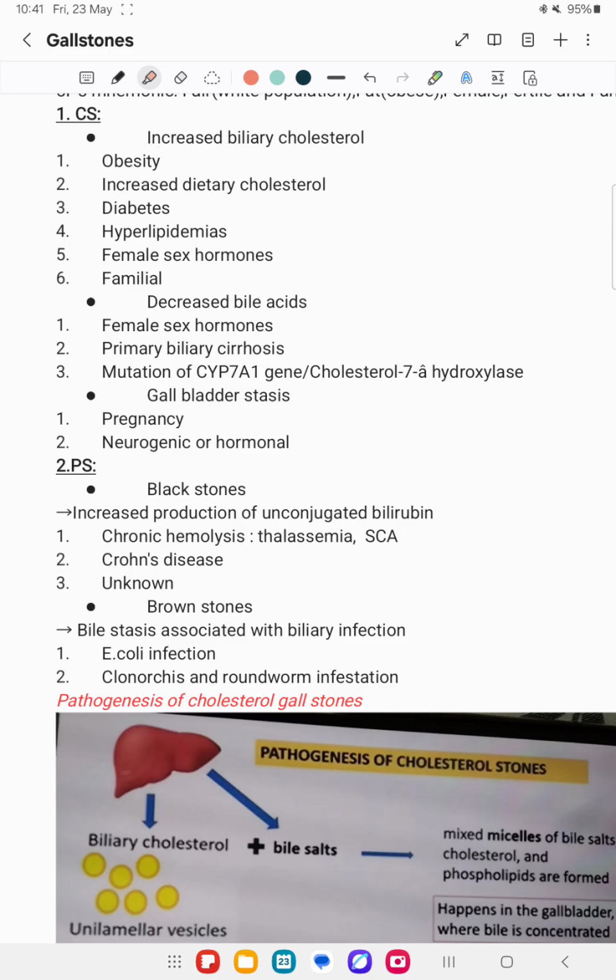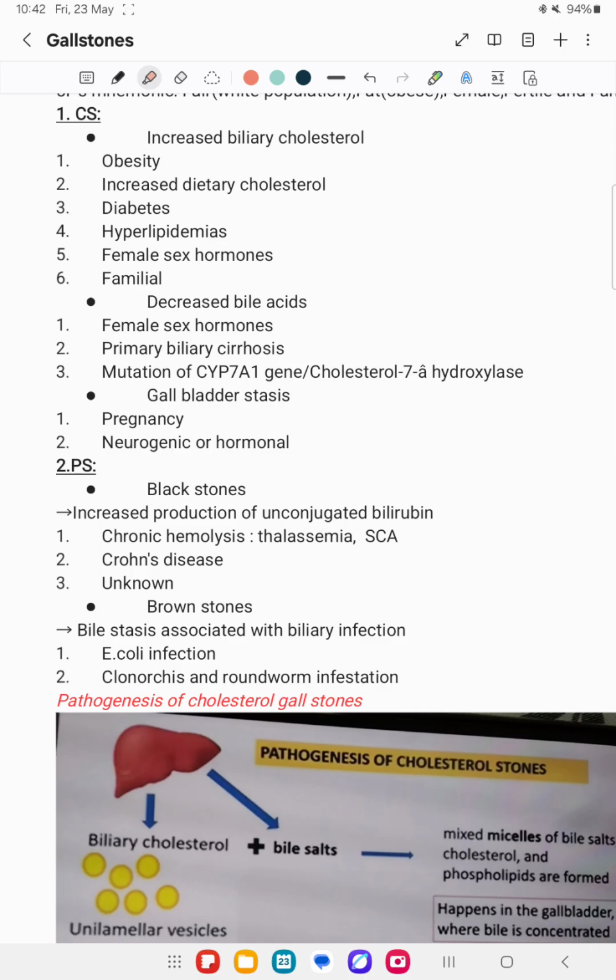Chronic hemolysis, as in thalassemia and sickle cell anemia. Obviously, if there is chronic hemolysis, RBCs rupture and release unconjugated bilirubin. We also see increased production of unconjugated bilirubin in Crohn's disease and maybe for unknown reasons.